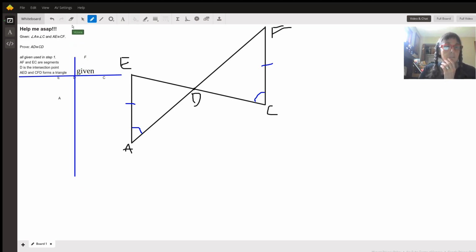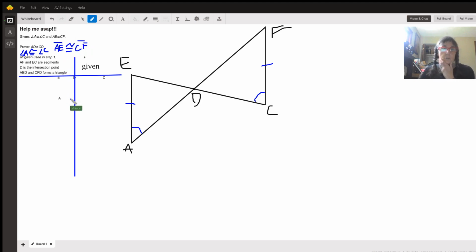Okay, we were given that information, along with the fact that angle A is congruent to angle C, and that AE, if these are segments, they should have hats, but I know you can't put that there, is congruent to CF.